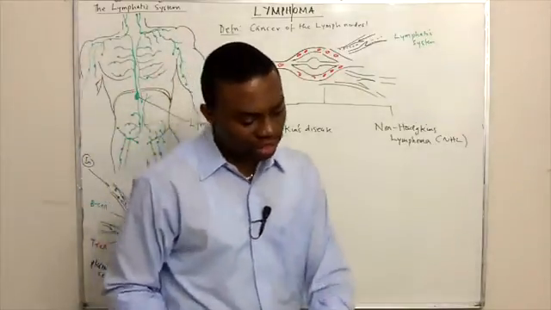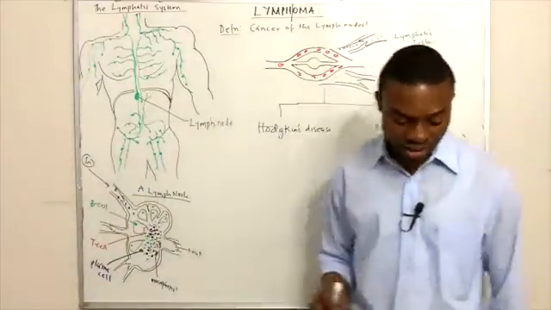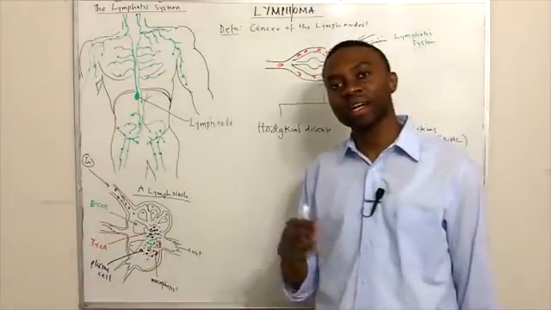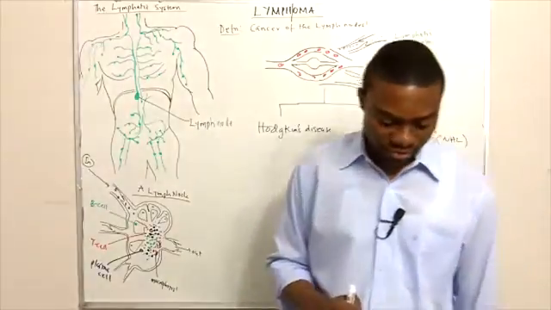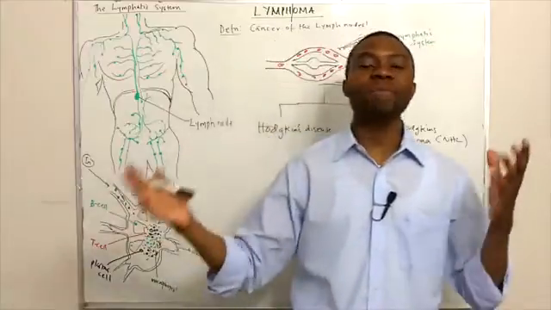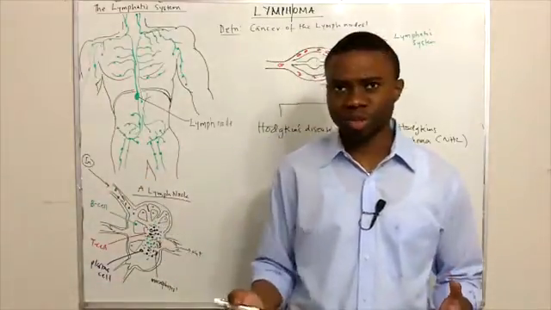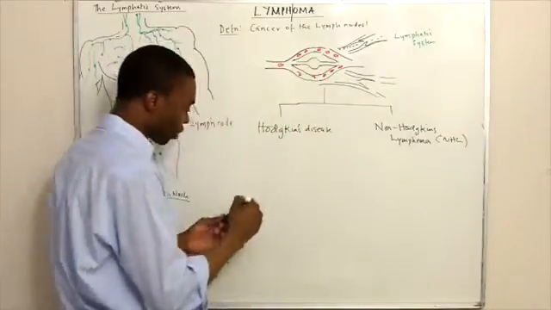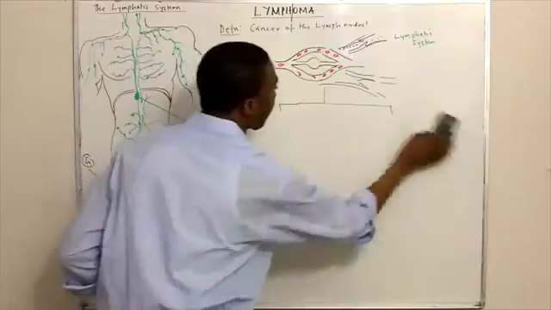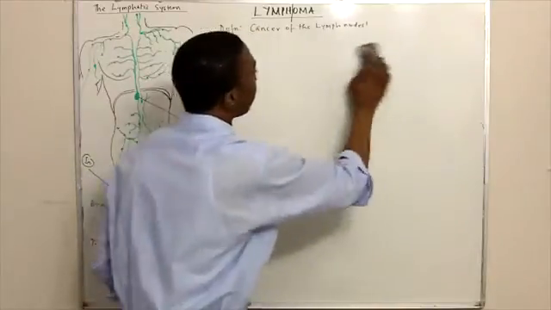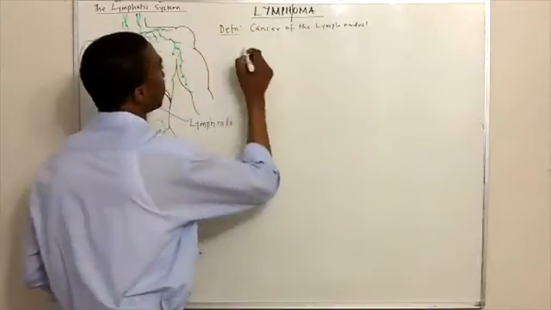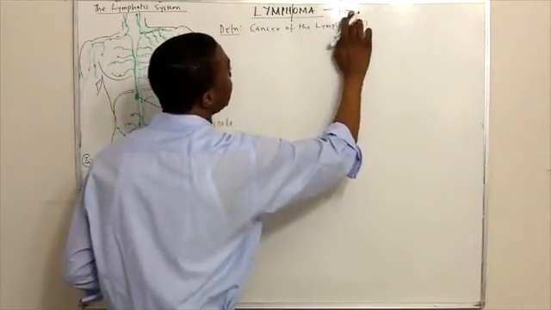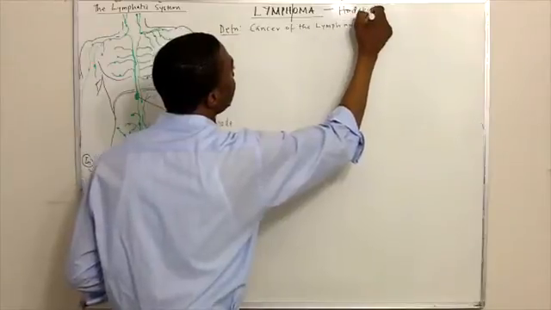So what is Hodgkin's disease? Well, Hodgkin's disease has a certain characteristic. It has a bimodal age distribution. What does that mean? Bi means two, modes means different ages.